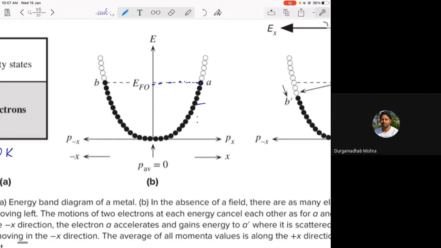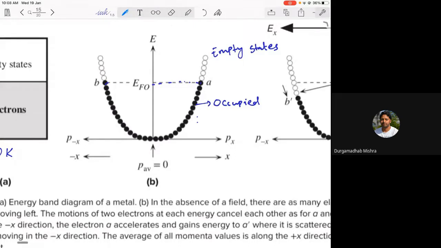Here this is occupied, and here you have empty states where there are no electrons, and the highest occupied energy is the Fermi energy.